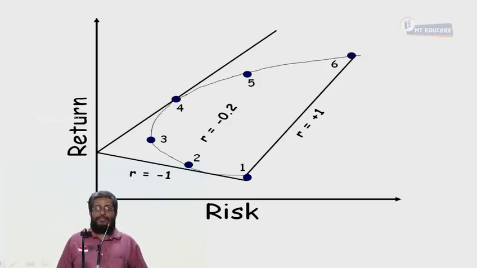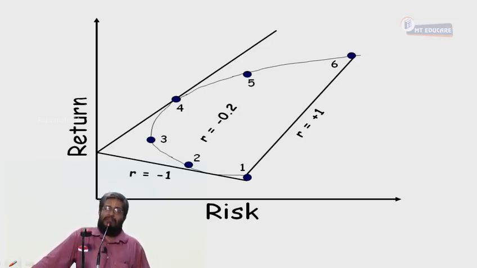Point number 2. Out of the 6, we can straight away reject portfolio 1 and 2 because they are inferior to... fill in the blank.